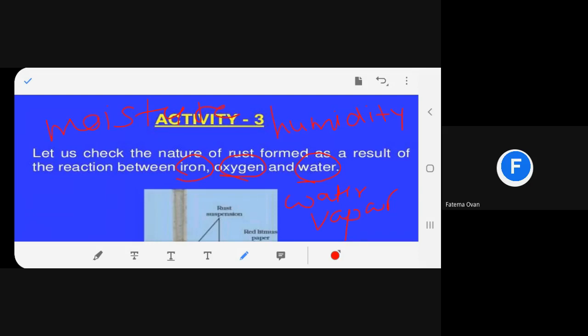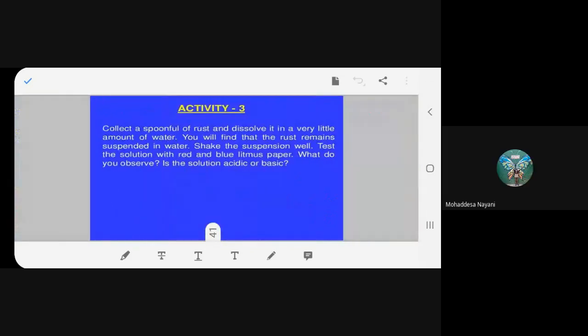If I remove water vapor from the atmosphere, rust will not happen. If I remove oxygen from the atmosphere, rust will not happen. You are understanding what I'm saying? The presence of these three has to be together. Then and then only rust will happen. Okay? All of you understood better? Yes, ma'am.